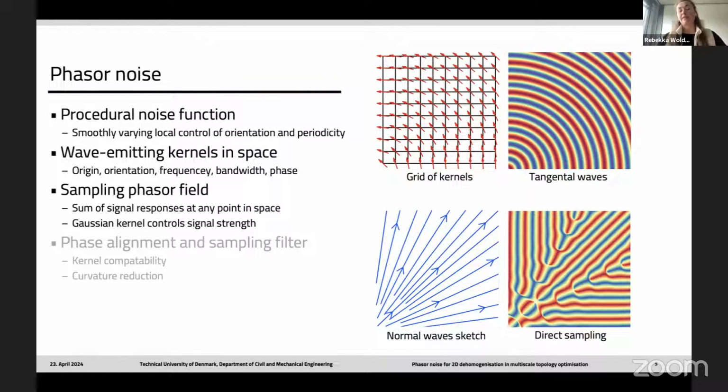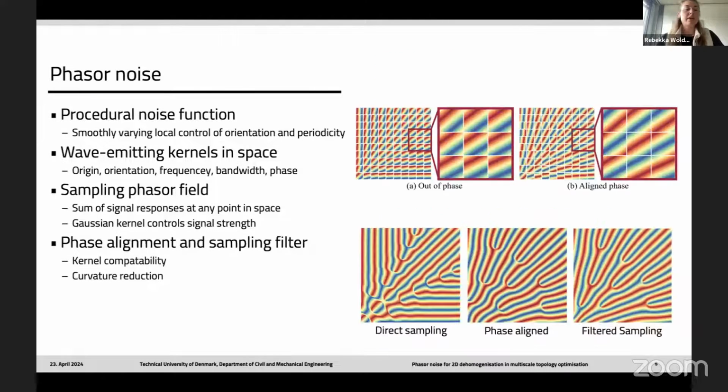By directly sampling Phasor noise, you can see that these bifurcations that look sort of like branches are introduced to better adhere to periodicity while trying to adhere to the orientations, but it is also quite evident we're still quite far away from the sketched solution.